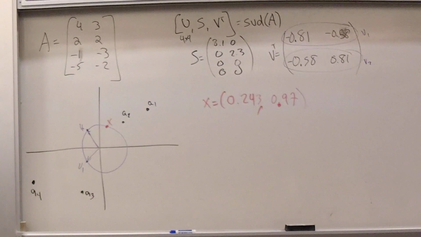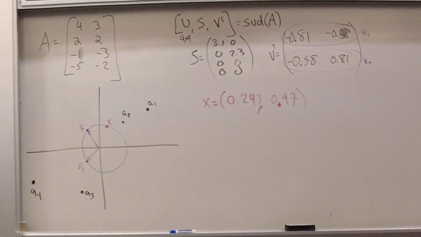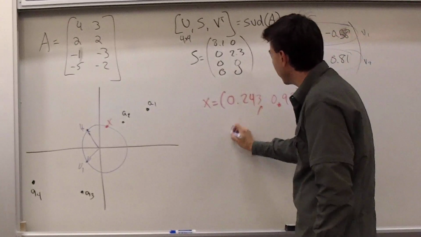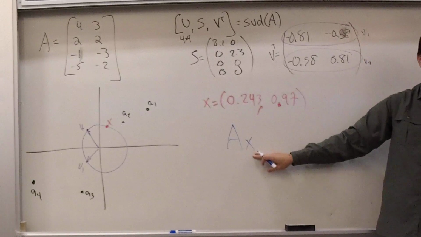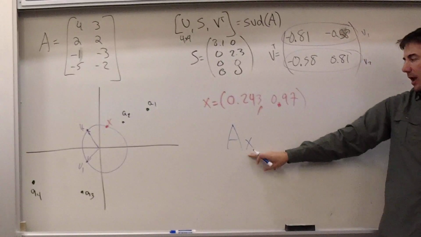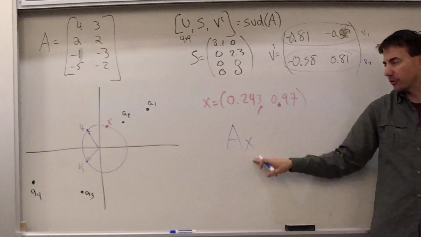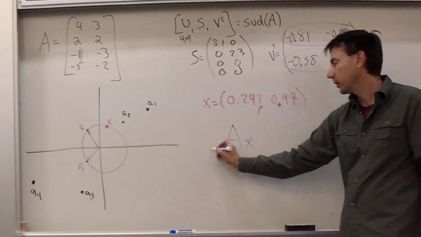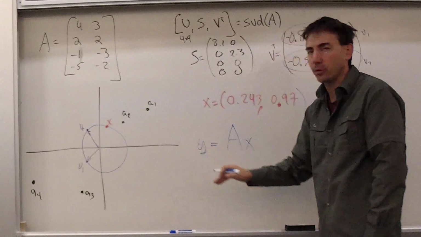Okay? So now I want to trace what happens. What'll be interesting is I want to evaluate A times x. x is 2-dimensional, A is 4 by 2. So this is going to be a 4-dimensional vector. Eventually I'm going to get out this 4-dimensional vector y here.